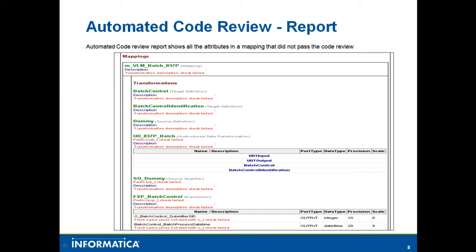For any transformation where descriptions are missing, it will highlight them. If your naming convention does not match what a developer has defined for their particular transformation, it will be highlighted here. Similarly, if you're using a slightly different variation when defining your output variable, those kinds of things will be highlighted in this final report.